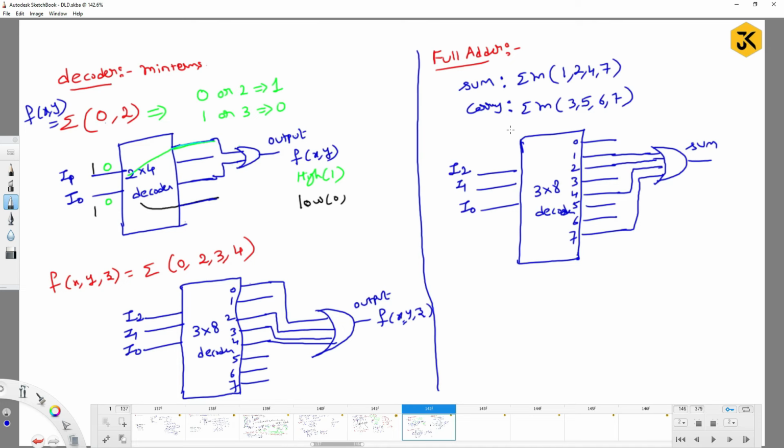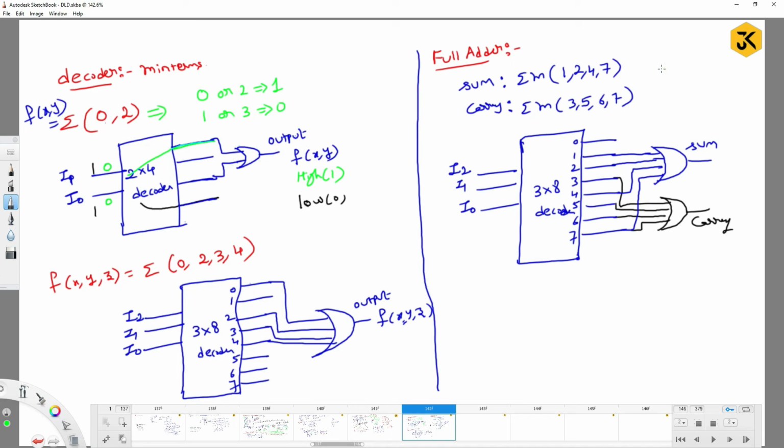Yes, we can. The carry will be 3, 5, 6 and 7. Now try to solve by taking a certain example.